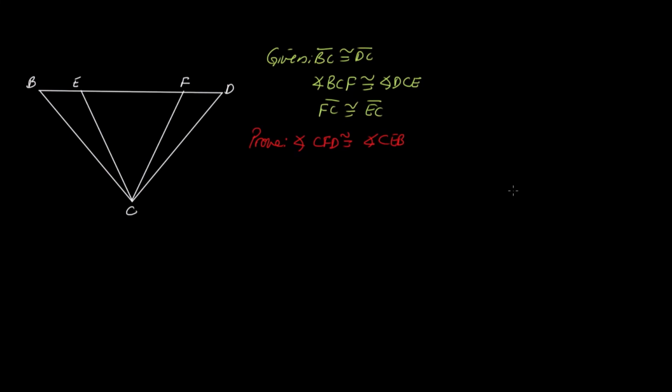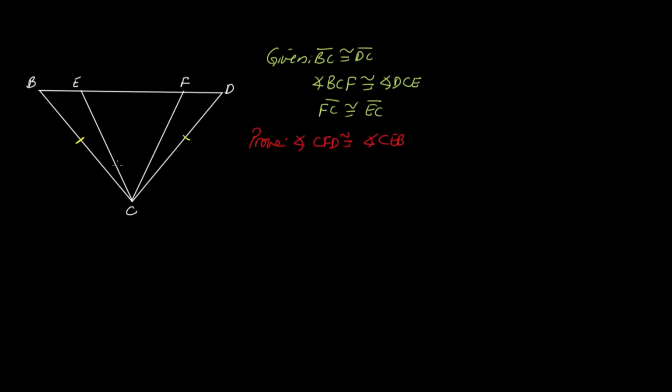Okay, so here's our final example for the day. It's from your textbook again. Here's the given information. Segment BC is congruent to segment DC. You got that? All right, so angle BCF is congruent to angle DCE. So be careful.